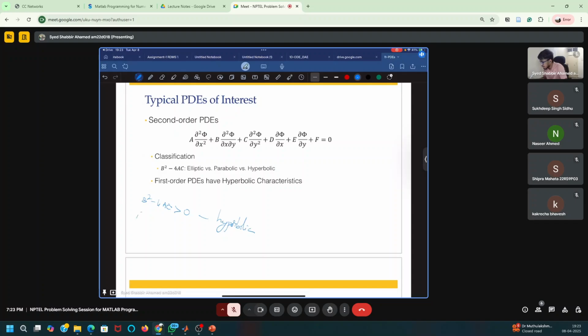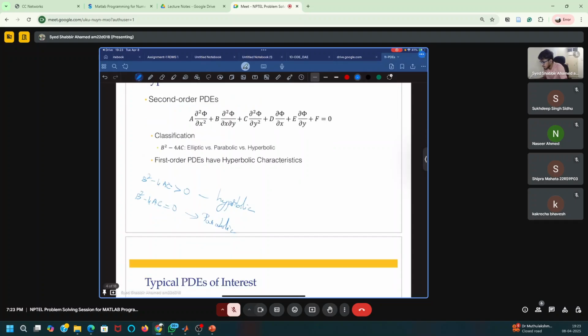And if b square minus 4ac is equal to zero, then it is a parabolic PDE. And if b square minus 4ac is less than zero, then we call this an elliptic PDE.